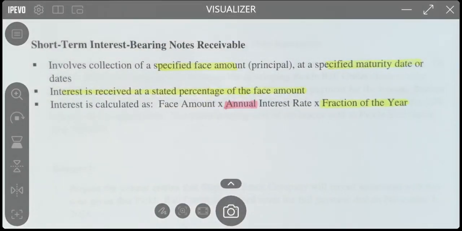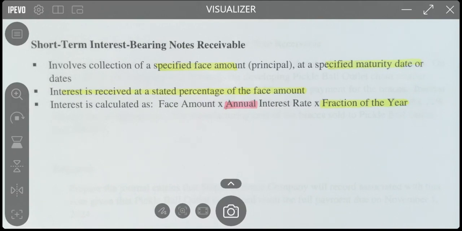An interest-bearing note receivable is exactly what it sounds like: a note receivable that bears interest, has a positive interest rate on it. It involves the collection of a specified face amount, what is known as the principal, at a specified maturity date or dates. Interest on the note is received at a stated annual percentage of the face amount.